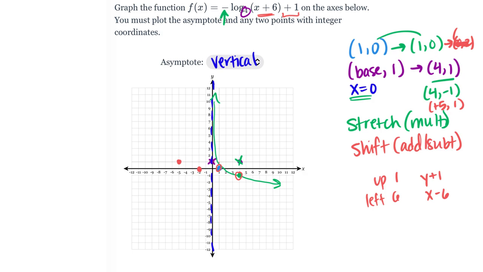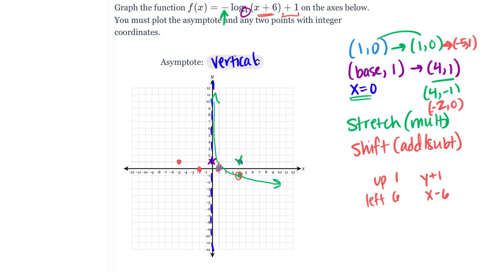Hang on, I'm looking at the wrong ones. This is the one that I moved first. So I moved the point 4, -1 to -2, 0. 4 minus 6 is -2. -1 plus 1 is 0. And then this point, 1 minus 6 is -5, and 0 plus 1 is 1.